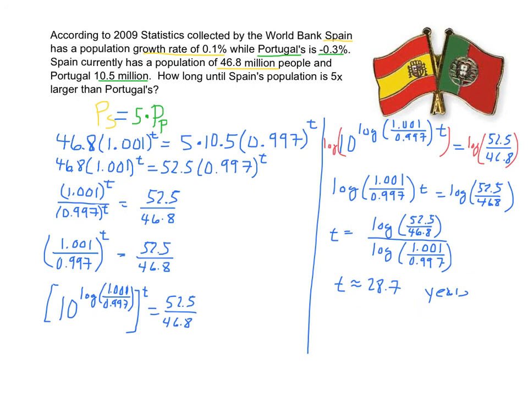And if you want to, you can type in Y1 the Spanish population rule, Y2 the Portuguese population rule, and scroll down to 28.7 and see that that is around where it's hitting 5 times bigger. Okay, I just went and did that, and it looked good.